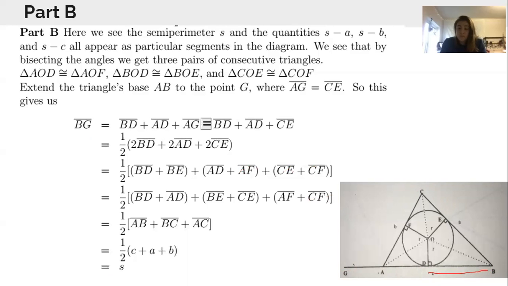BD and BE, so these are the same. So this is the perimeter right here. So 1/2 the perimeter. So AD, again AD right here, AF and then CF and CE. So this line right here is simply 1/2 the perimeter. Does that make sense? So that's where we're moving, okay?